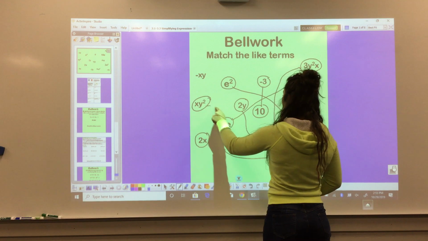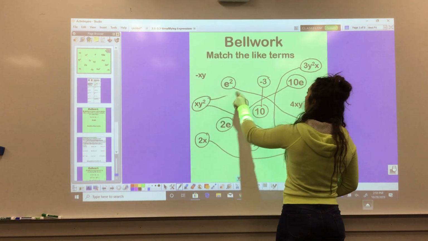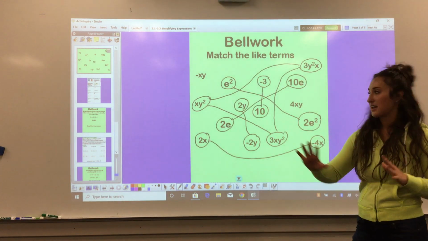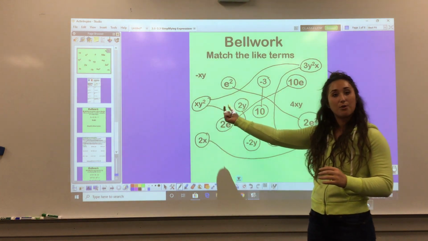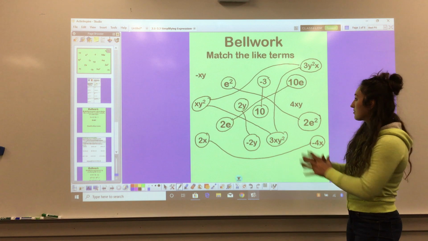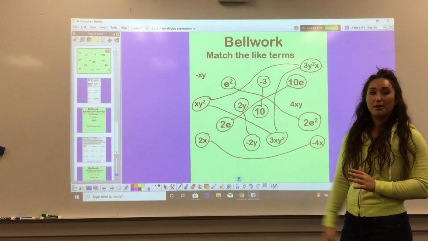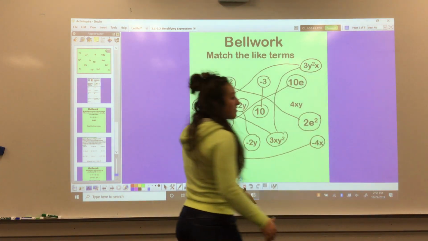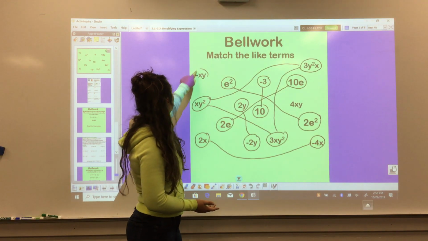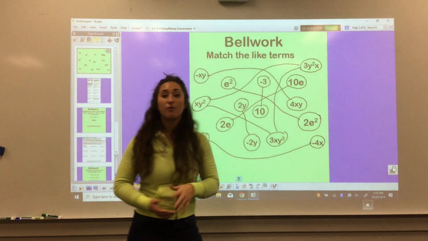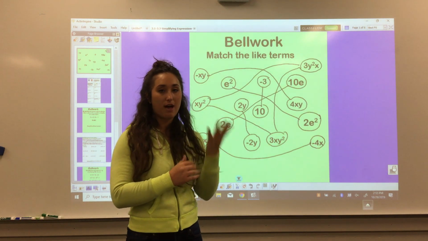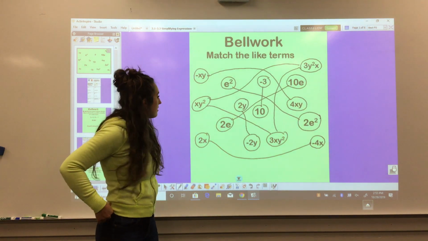This one matches up with both of those. I know we're getting kind of messy up here, but there's another term with x and y squared. So those three would all match up. And then lastly, negative xy would match with 4xy, since they both have an x and a y.